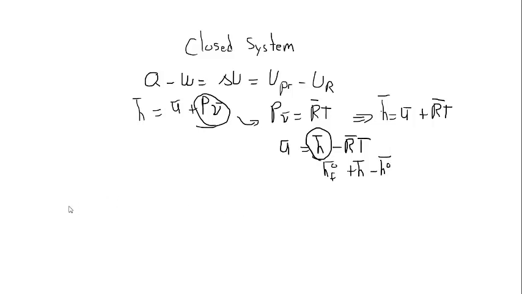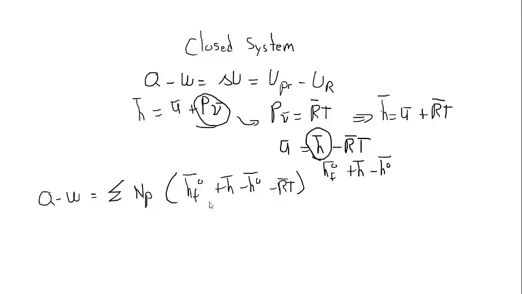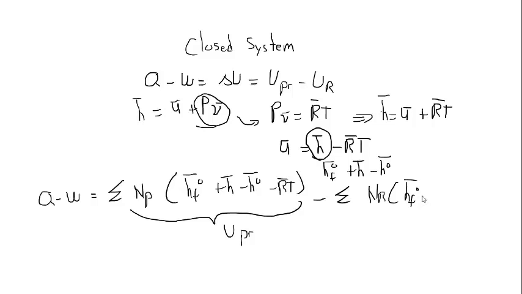So basically I can rewrite that whole equation for a closed system as the following. I keep my enthalpy of formation plus sensible enthalpy minus reference state enthalpy and subtract R bar T. This would be my U of the products minus the same thing for the reactants.